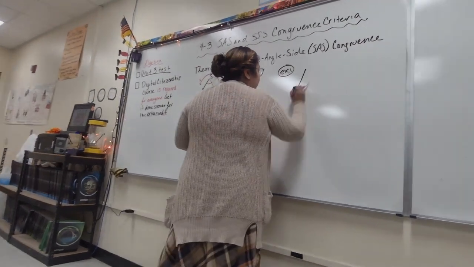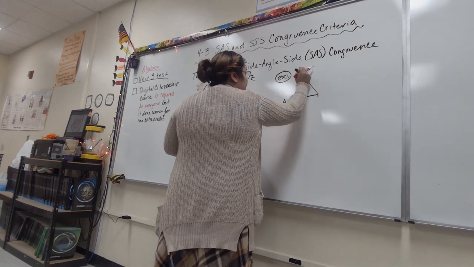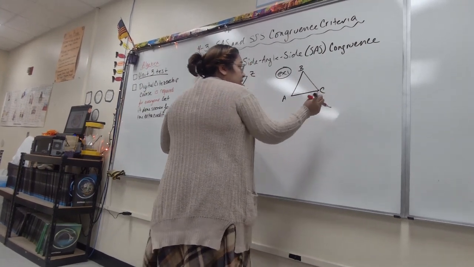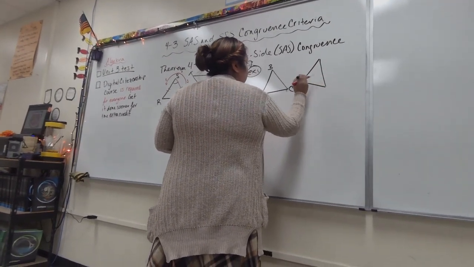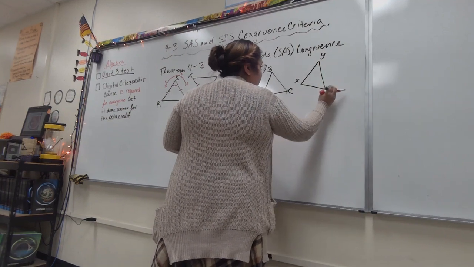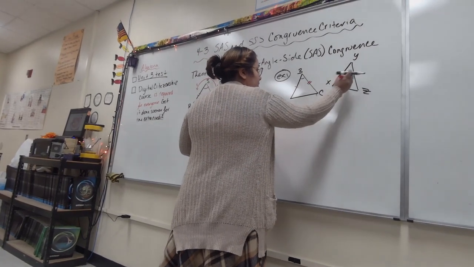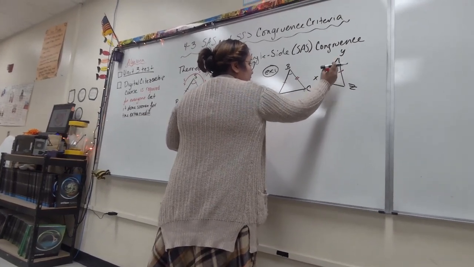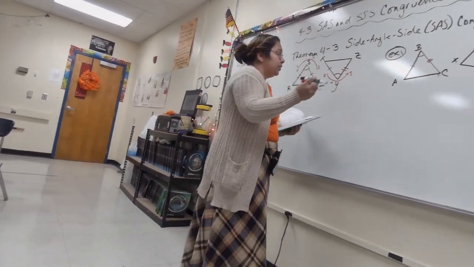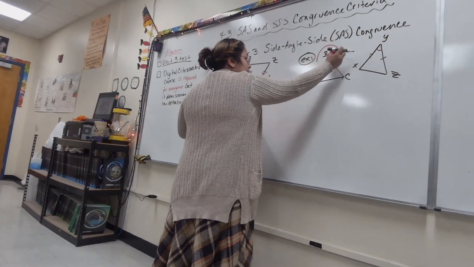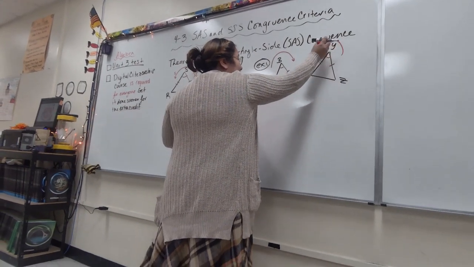Example 1 says this, ABC, and X, Y, Z. If this guy here is going from left to right for the side angle side, they're going to try to test you and say, does this also apply?